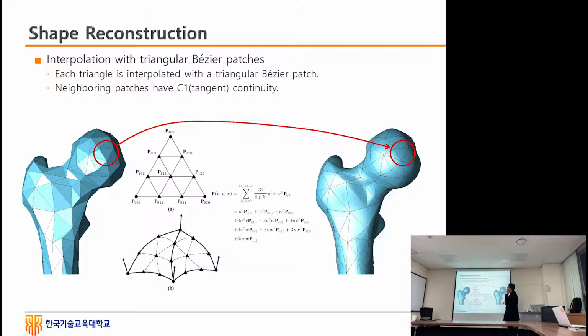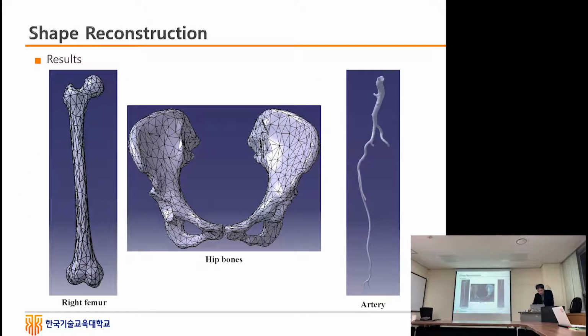So using triangular Bézier patches, we can convert each triangle into a curved triangular patch. And this is the final result of the first stage.